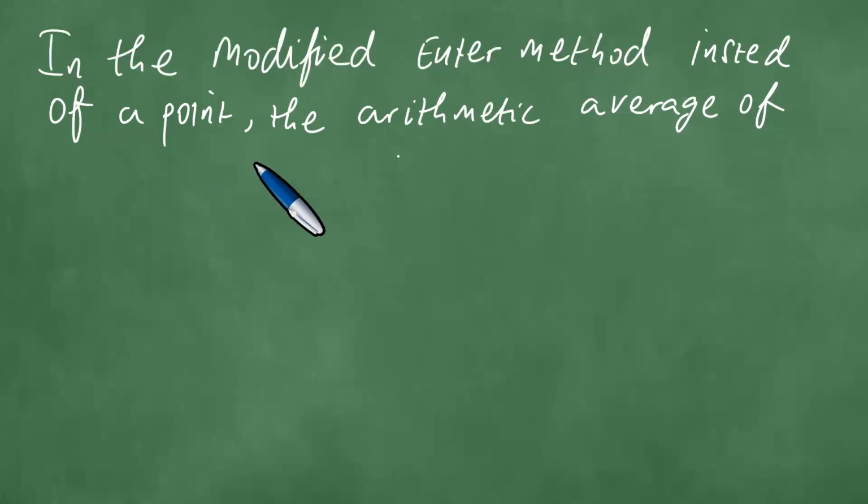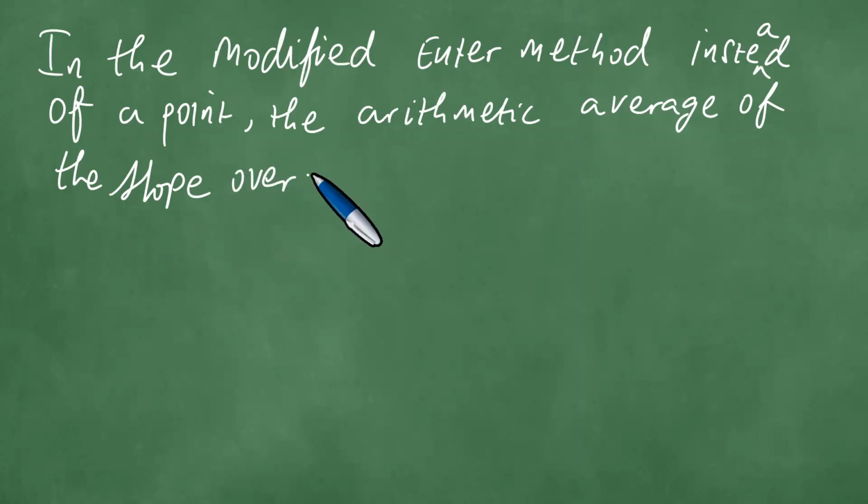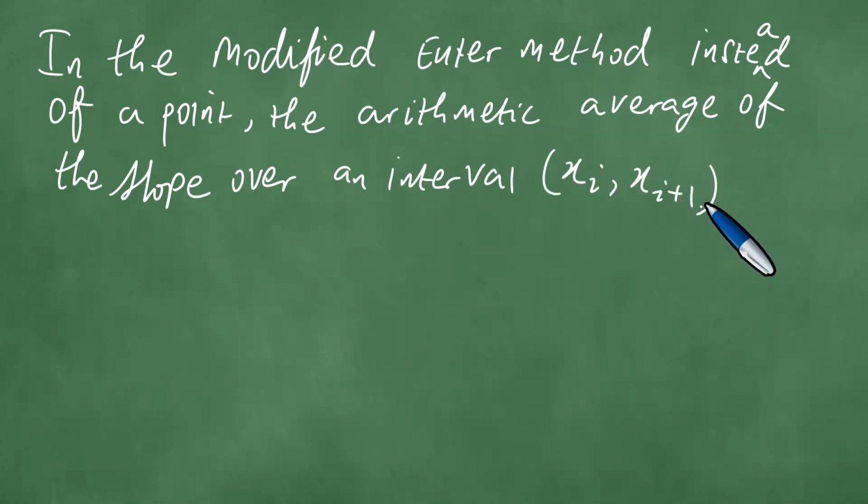So in the modified Euler method, instead of a point, the arithmetic average of the slope over an interval xi plus 1 is used. We shall just analyze that.